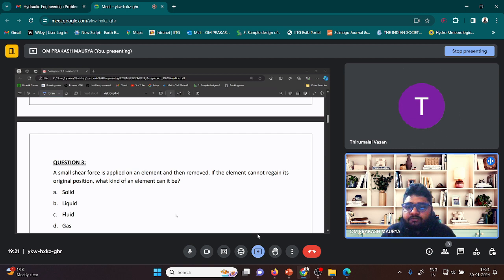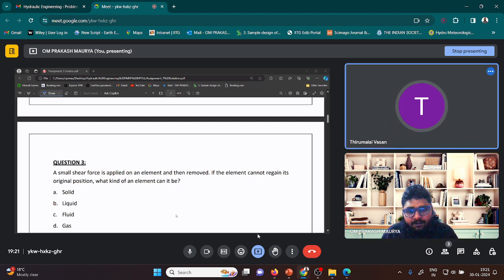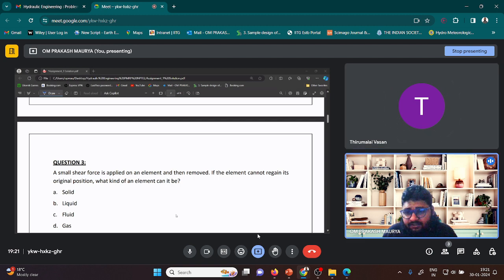A small shear force is applied on an element and then removed. If the element cannot regain its original position, what kind of an element can it be?